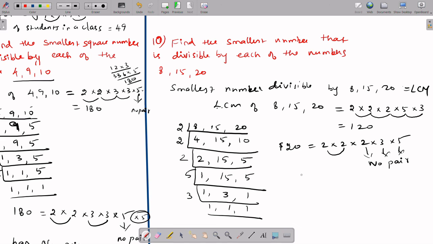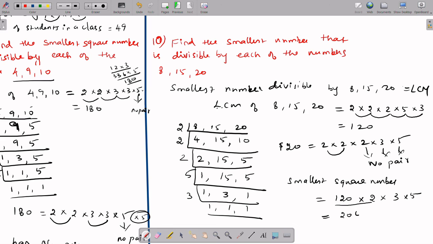So the required smallest square number is 120 multiplied by the numbers that do not have a pair: 3 numbers, 2, 3 and 5. You have to multiply these numbers.